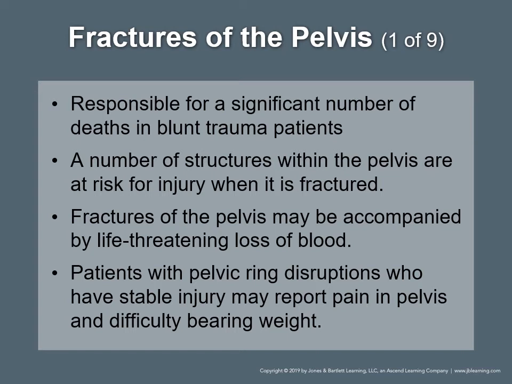A number of structures within the pelvis are at risk for injury when it is fractured. These include the bladder, urethra, rectum, vagina, sacral nerve plexus, veins within the pelvis, internal or external iliac arteries, nerves in the lumbar and sacral regions, and sciatic and femoral nerves.